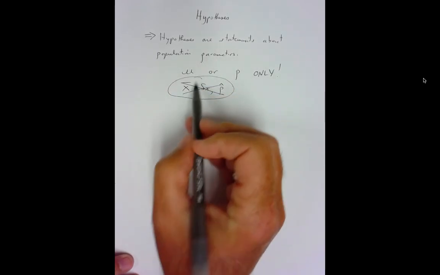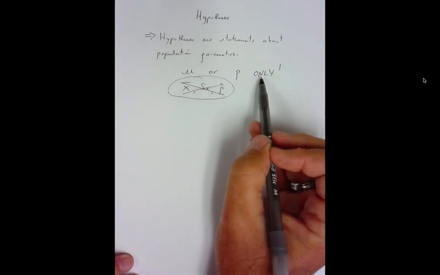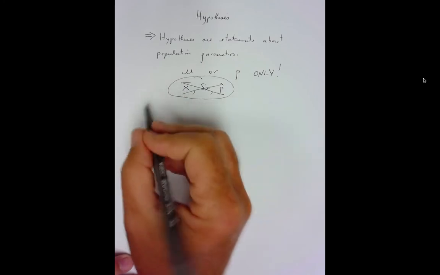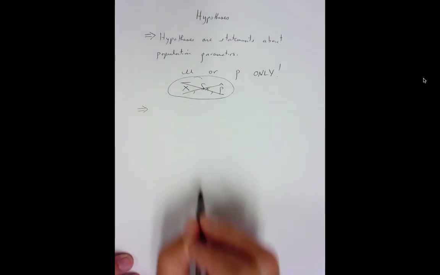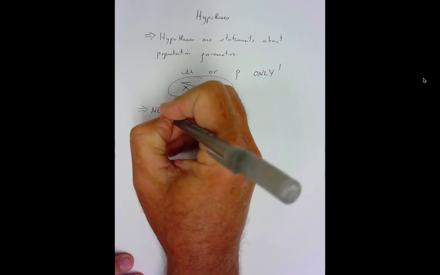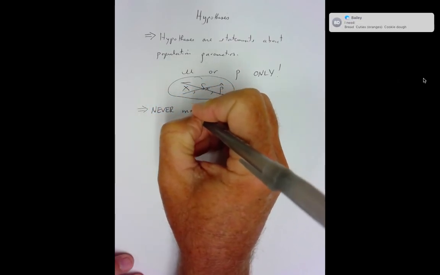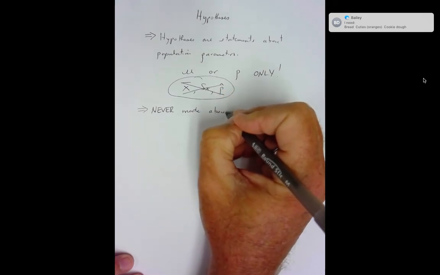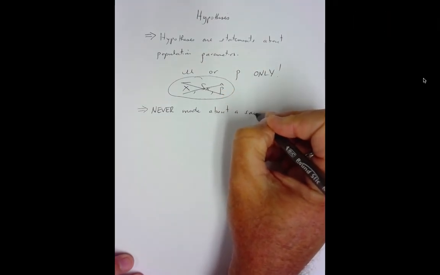They aren't included in hypotheses. Hypotheses are only about a population mean or a population proportion. Second thing, again, never made about a sample statistic.